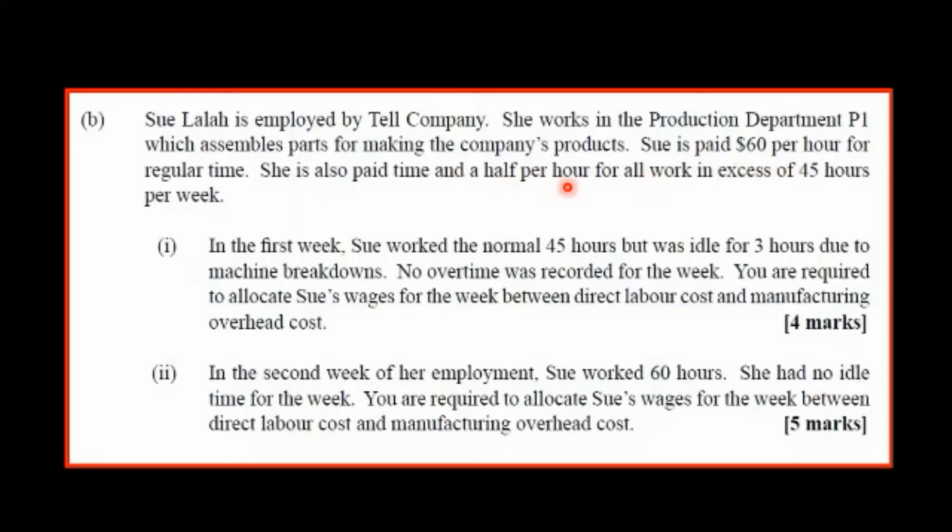Again, the overtime hours, as we saw last week: if the client that you're doing the job for asks you to work the overtime, then it would be direct labor costs. Other than that, it normally is manufacturing overhead.